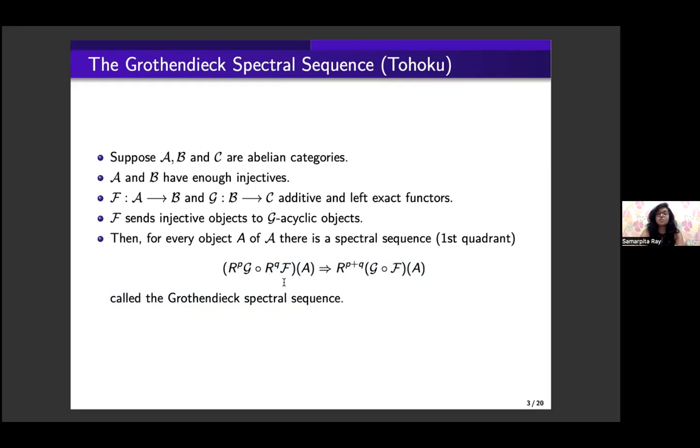So that's the usefulness of this: if you have any functor, you can break it up into 2 parts, like a composition. Then if you know the derived functors for each, you know it for the composition. So that's a Grothendieck spectral sequence.